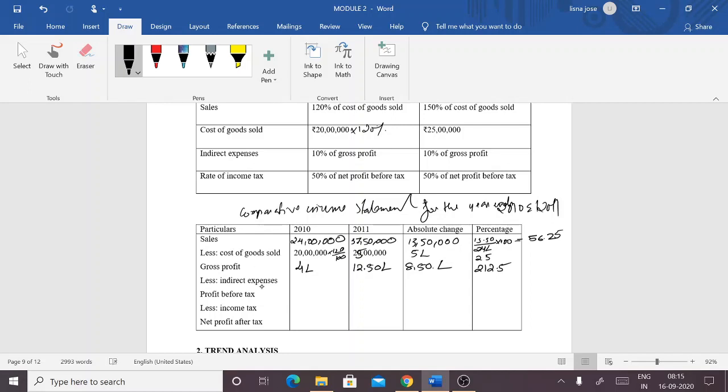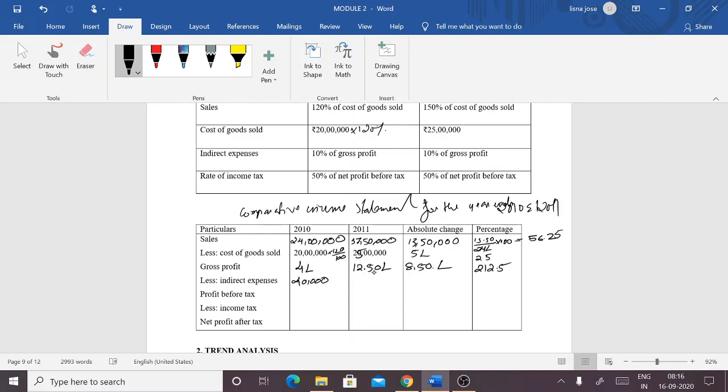From here you need to deduct indirect expense. Here indirect expense is not given directly, but it says it is 10% of gross profit. Gross profit is 4 lakh, so 10% of 4 lakh means 40,000.